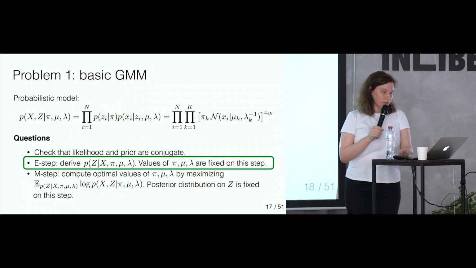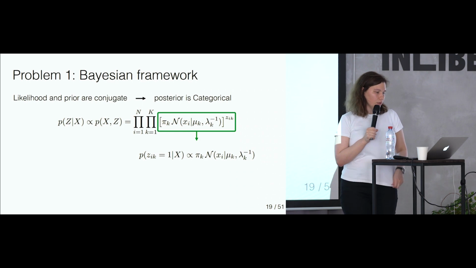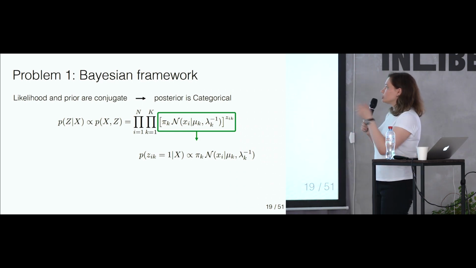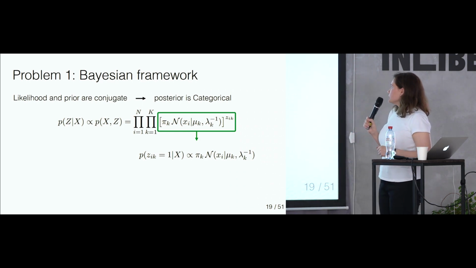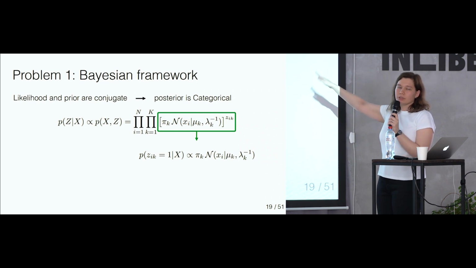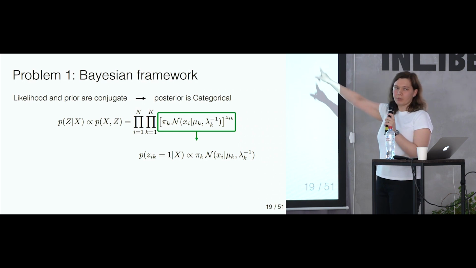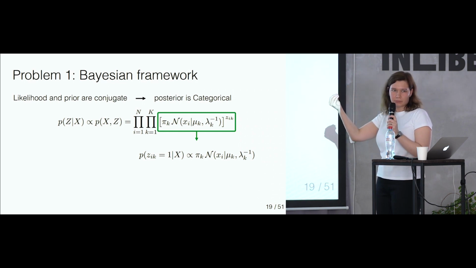To find the probabilities of this categorical distribution, we look at our joint distribution and see that we have the product of p and the normal distribution to the power of z. In a categorical distribution, the thing under the power is the parameter.